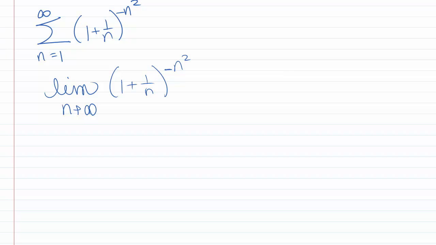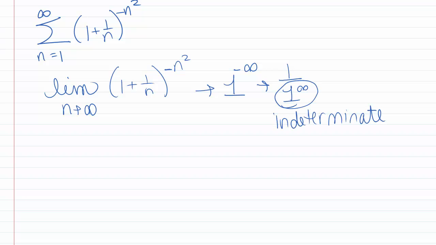And if I look at the form of this answer, this is going to go to 1, it's 1 plus 0, 1 to the negative infinity. So that's kind of like 1 over 1 to the infinity, but 1 to the infinity is an indeterminate form. So we want to rewrite this so we can use L'Hopital's rule.